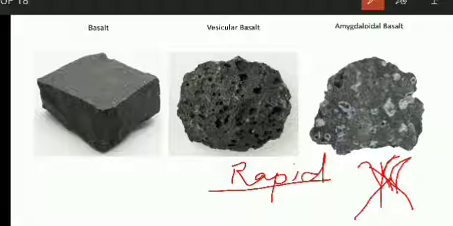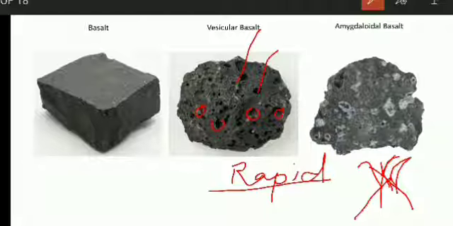So this basalt shows a particular structure which we have seen in the structures of igneous rock, like vesicular basalt. Why is it vesicular? How are these vesicles formed? When the gases which are trapped in the lava during cooling escape out, they leave behind these types of cavities.